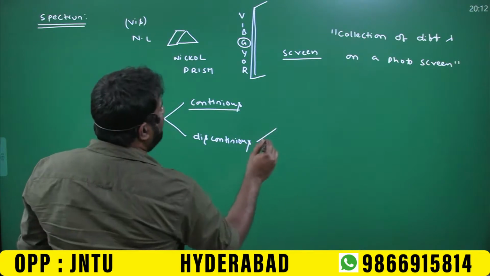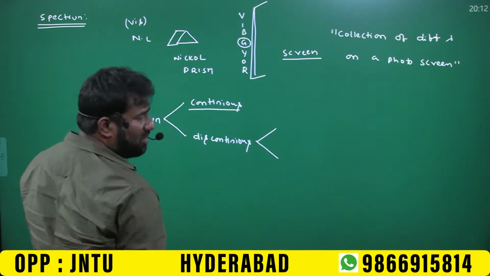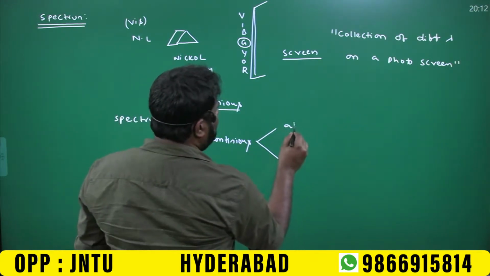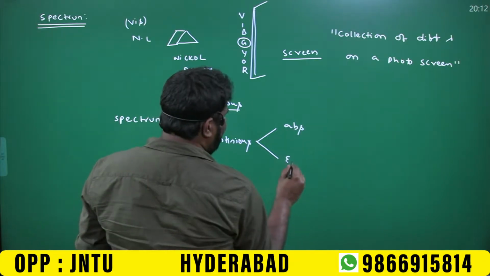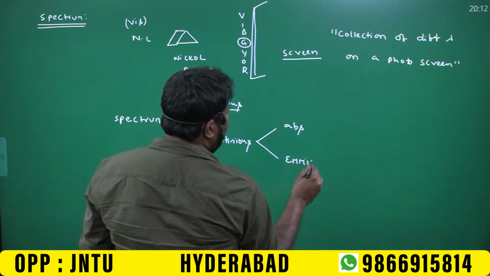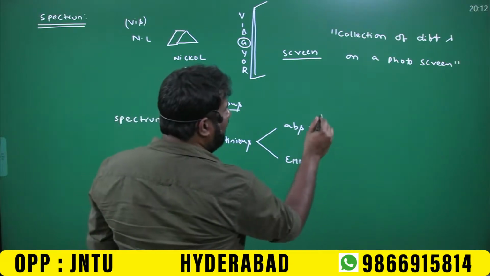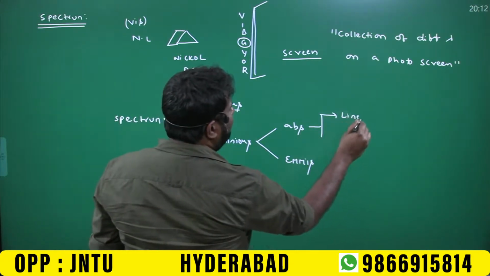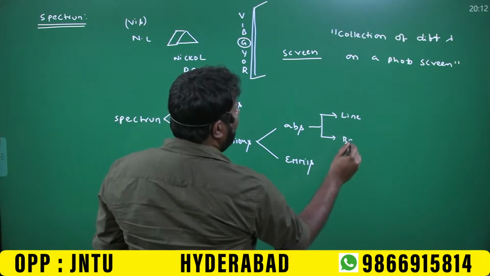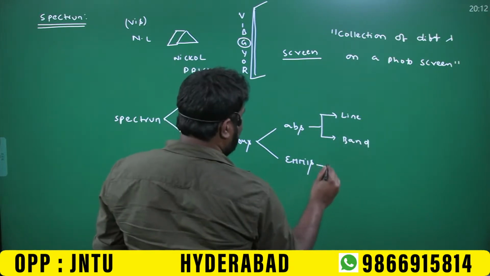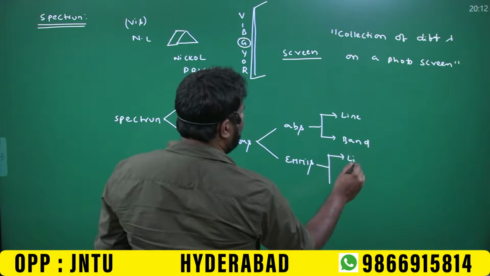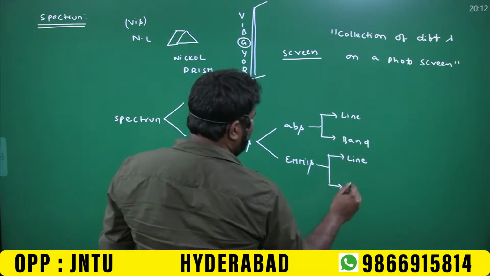This discontinuous spectrum is again two types: one is absorption spectrum and the other one is emission spectrum. The absorption spectrum is again two types, line spectrum and band spectrum. This emission spectrum is also again two types, line spectrum and band spectrum.